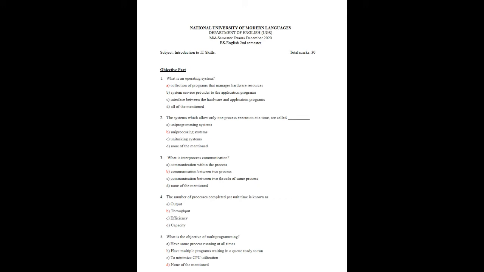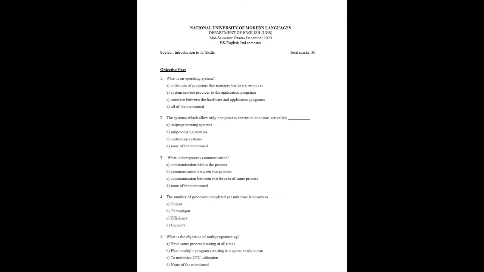Second MCQ: the system which allows only one process execution at a time is called a uniprocessing system. Third one: what is interprocess communication? The option is communication between two processes. Fourth one: the number of processes completed per unit time is known as throughput.